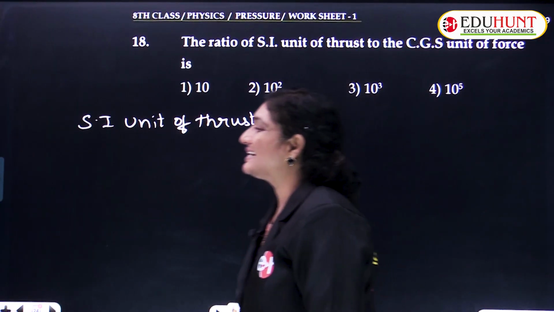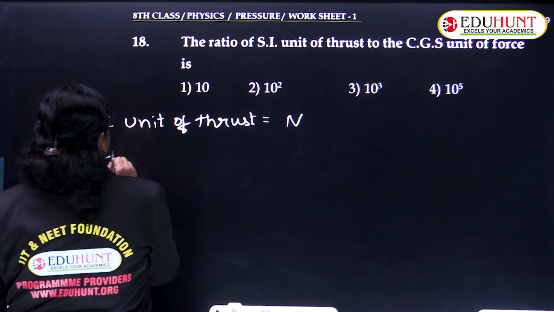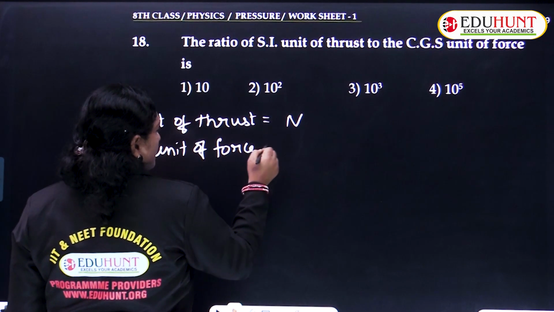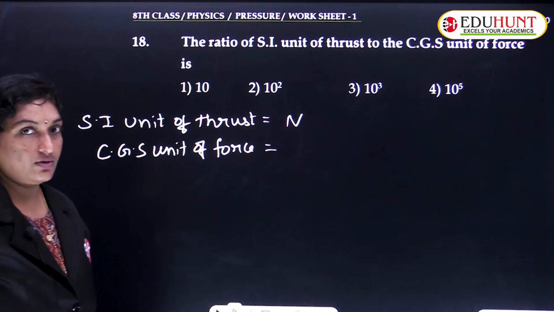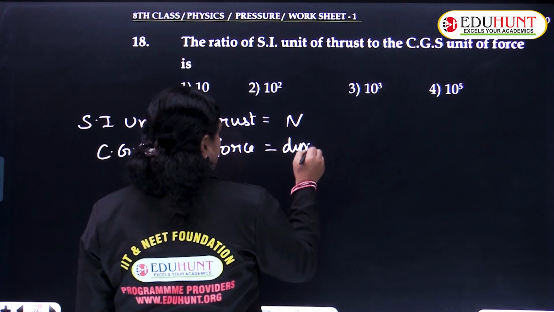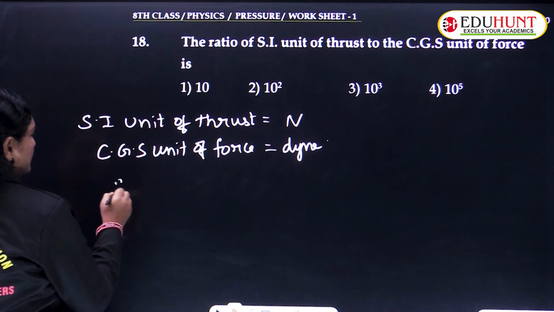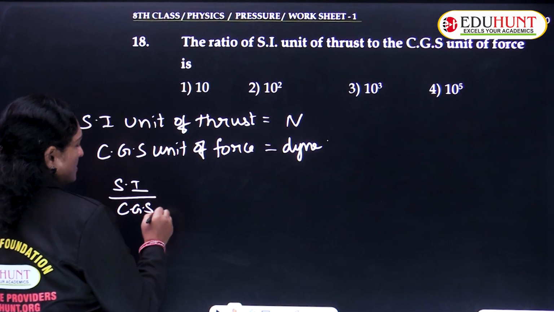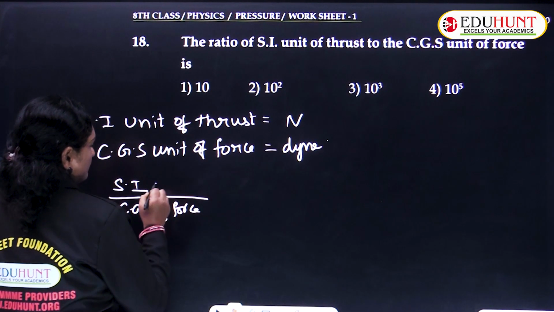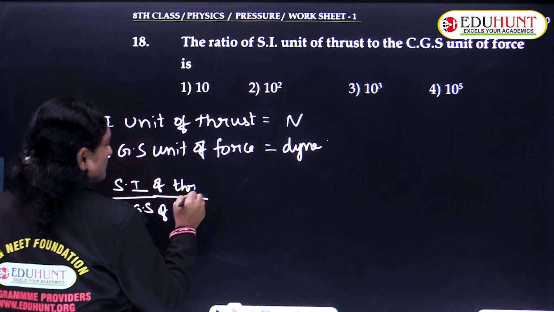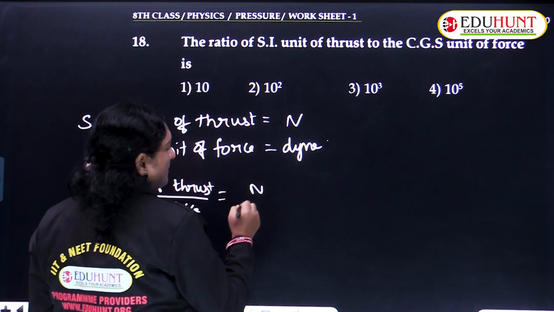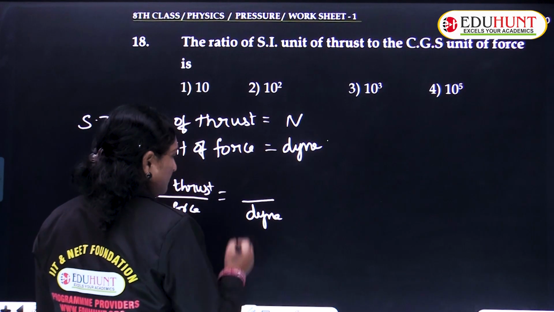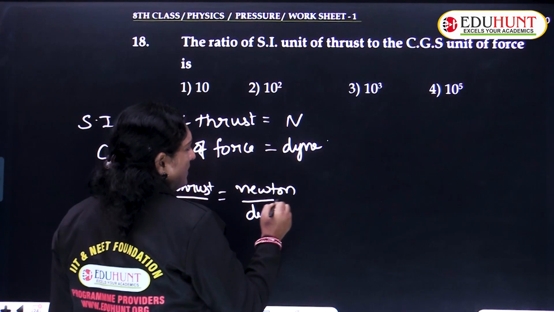And now we are asked to find the CGS unit of force. So force in SI is measured in Newton, whereas in CGS it is measured in dynes. So now you want to find out the SI unit of thrust to the CGS unit of force, and this is equal to Newton per dyne.